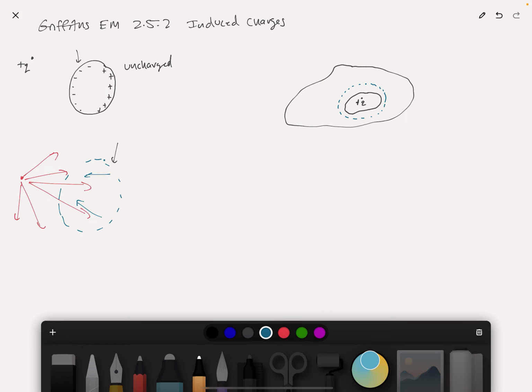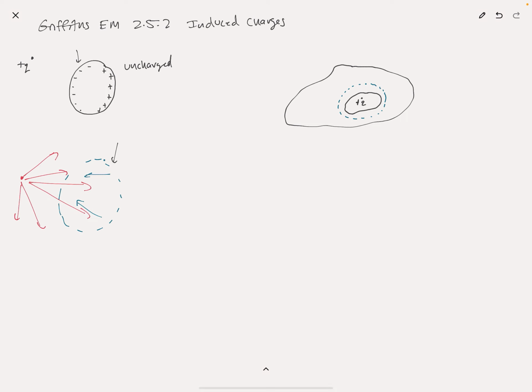But we know that we can't have an electric field inside of a conductor. So what happens here is that there's some distribution of negative charges that build up on that surface, so that if I were to use Gauss's law to evaluate the electric field at my surface, I would have no net charge enclosed.